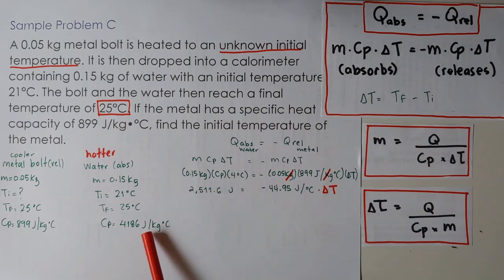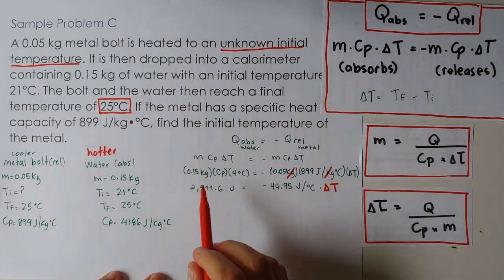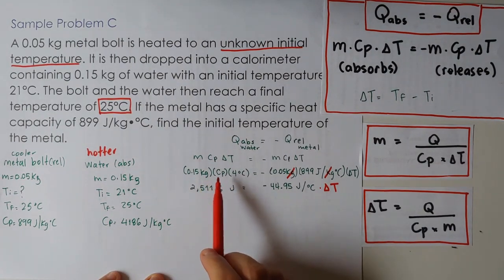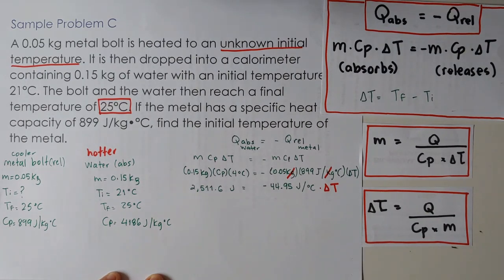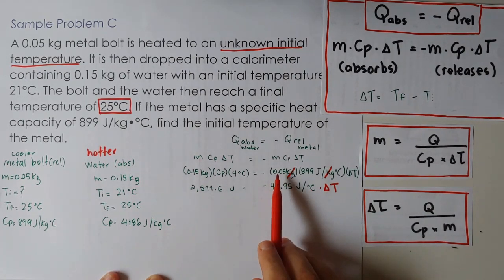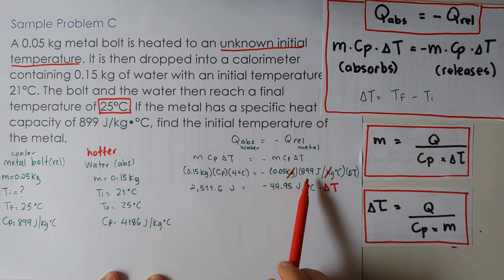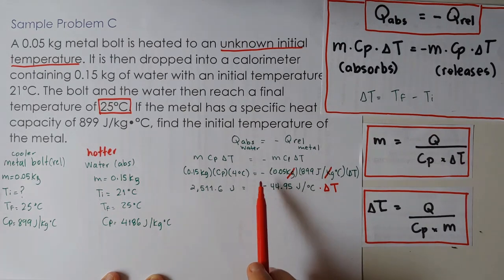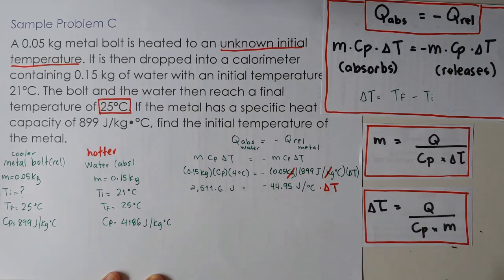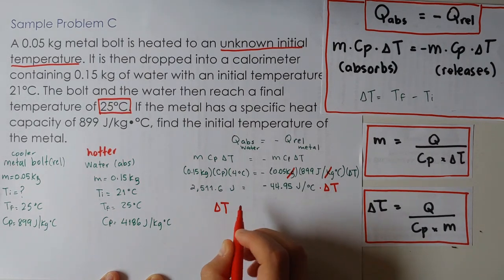Remember, Cp of water is known, and you cancel kilograms and Celsius with kilograms and Celsius, and you have joules. On the other side, you perform multiplication between 0.05 and 899. It gives you this negative, of course, because of the symbol of the equation. And then here's the moment where you isolate for delta T.